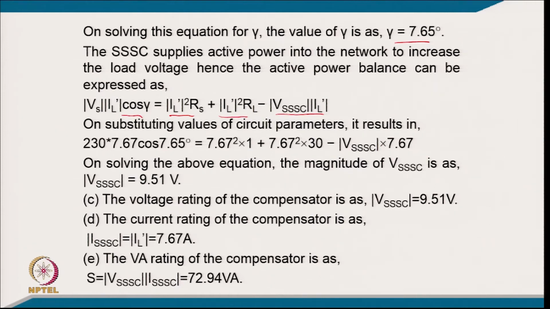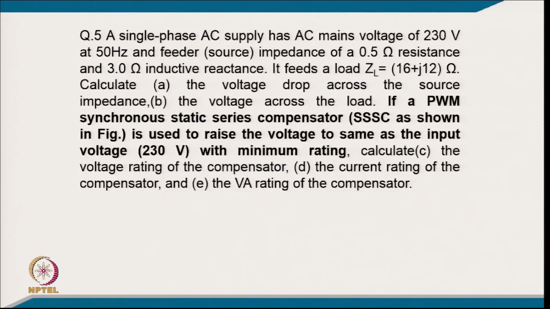Putting in the values, we get VSC equal to 9.51 volt, so the voltage rating of the compensator is 9.5 volt and the current rating is 7.6 ampere. So, the VA rating of the compensator will be 72.94 VA.